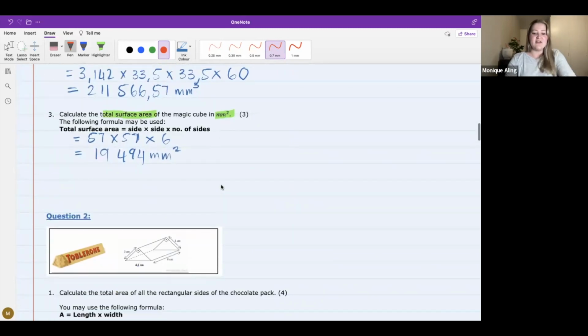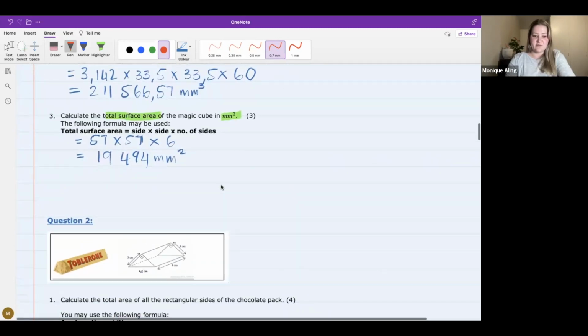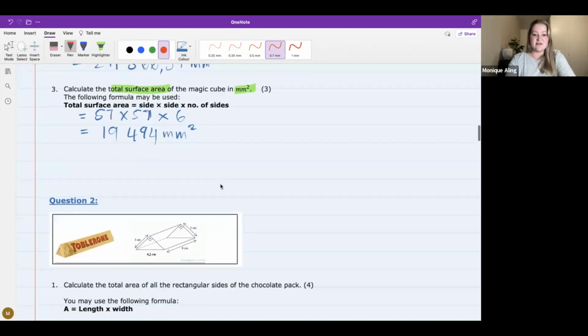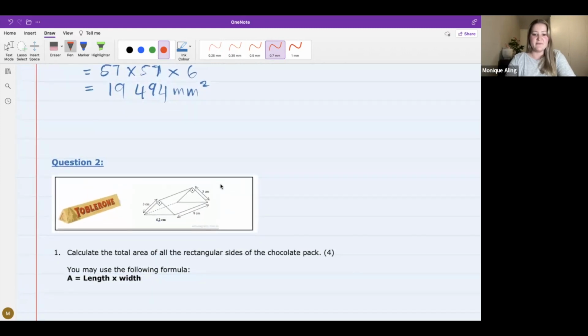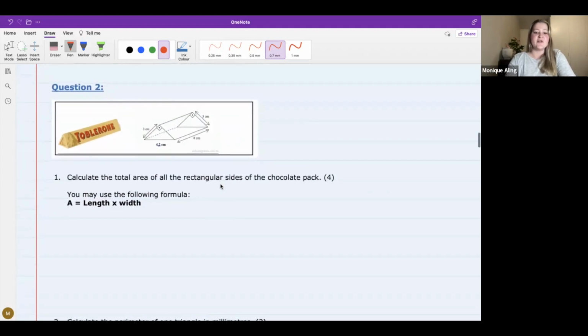Okay, so let's have a look at a slightly different shape. This one we haven't really looked at a lot. It's not that common. So we're looking at a triangular prism. A real life example would be the Toblerone chocolate. The first question says, calculate the total area of all the rectangular sides of the chocolate pack.